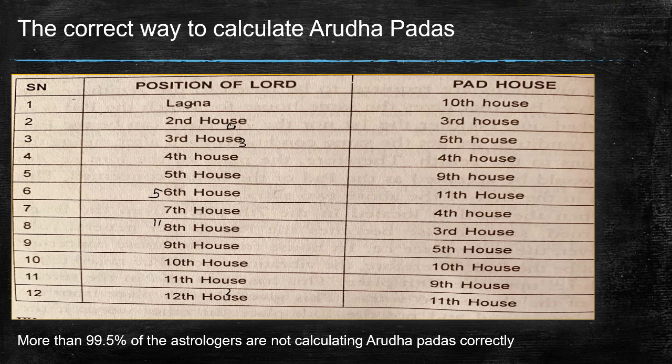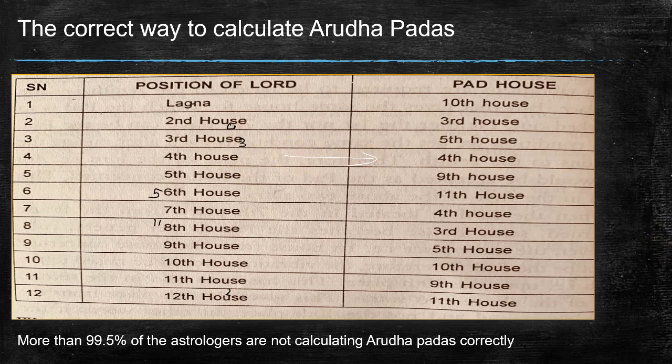Now this table is actually the correct way to calculate the Arudha Padas. And as I mentioned, you have to be very, very clear and careful about the exceptions. If the position of the Lord of the house is in the 4th house from the original house, then the 4th house itself becomes the Arudha Pada.